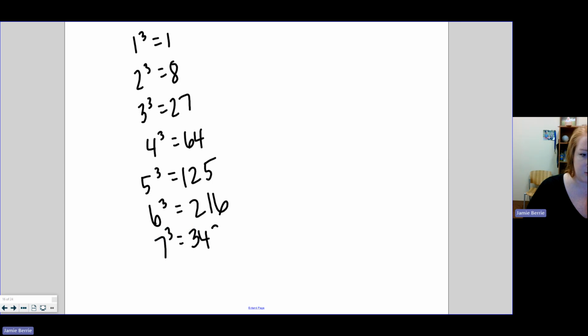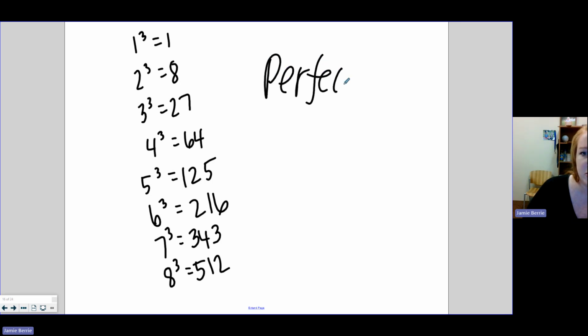How many of y'all knew that already? If you do, you're better than I am. 8 cubed, 512. I really don't remember them ever getting this high on my test or on my practice exams. But these are our first few perfect cubes. Of course, you could go on and on.